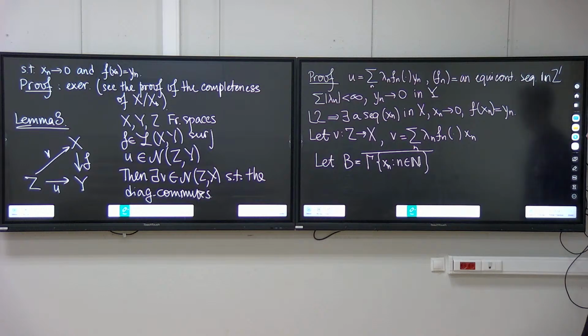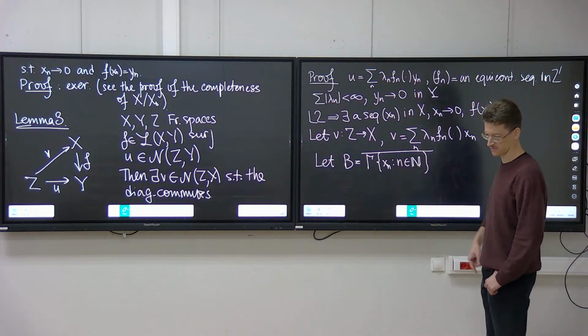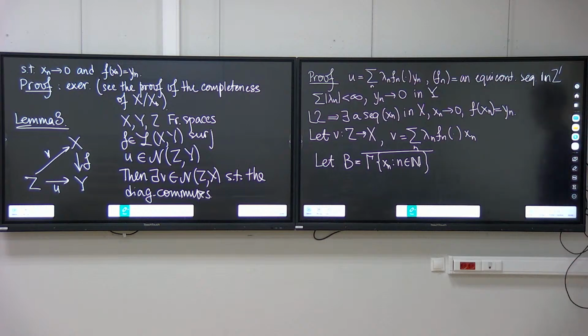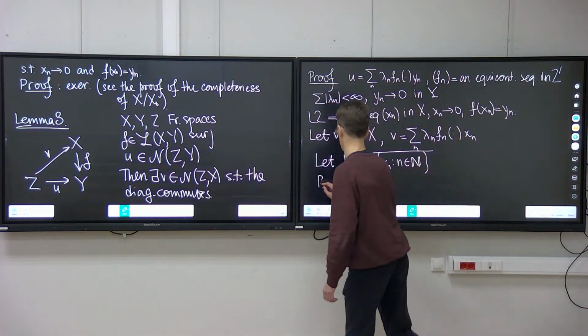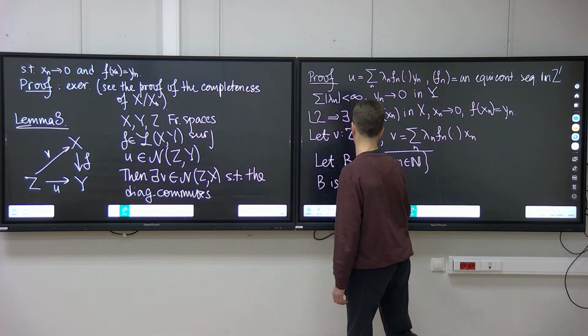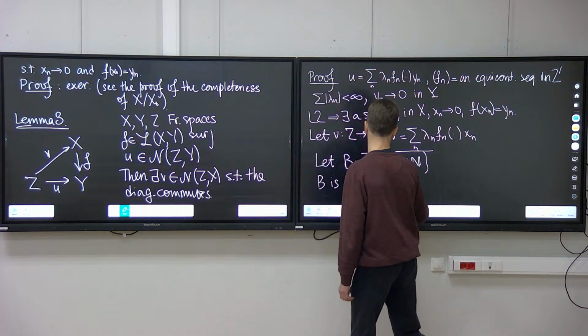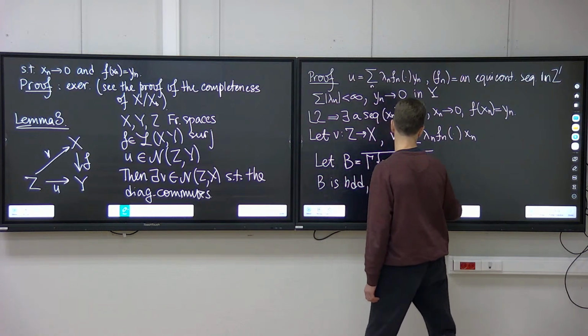It is a closed, bounded, absolutely convex set in X because x_n converges to 0, and X is complete, so B is also complete. B is bounded, absolutely convex, and complete.